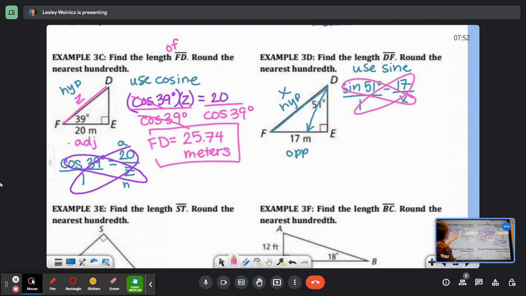That gives me sine of 51 degrees times x equals 1 times 17, which is 17. And then to get x by itself, I can divide both sides by sine of 51 degrees. Those cancel, and I can put in for my x on my calculator 17 divided by sine of 51.